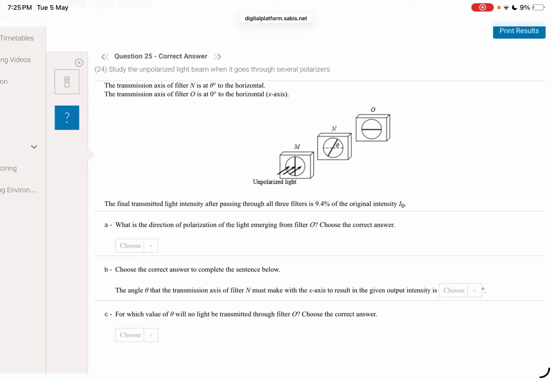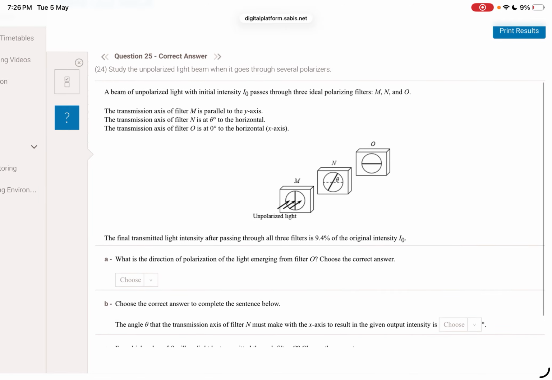So they said a beam of unpolarized light with an initial intensity I0, okay, passes through 3 ideal polarizing filters, M, N, O. The transmission axis of filter M is parallel to the y-axis. N is at an angle to the horizontal, and O is at an angle to the x-axis.